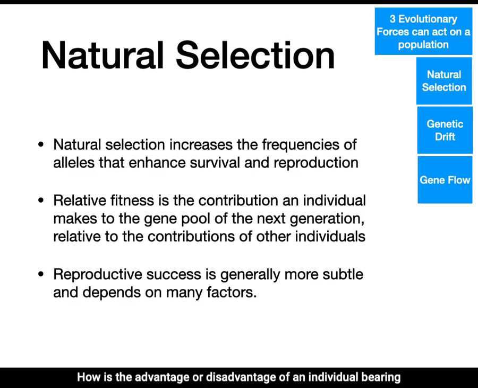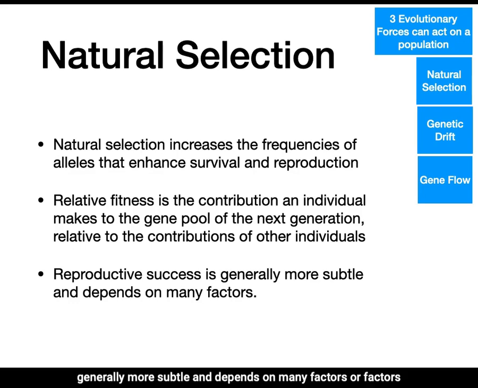How is the advantage or disadvantage of an individual bearing a given phenotype measured? Relative fitness. Relative fitness is how an individual contributes to the gene pool of the next generation. This contribution to the gene pool is relative to the contribution of the other individuals within the population.